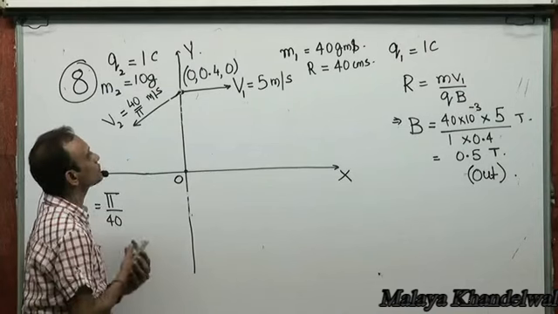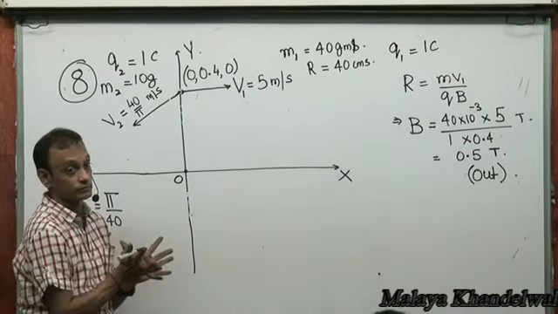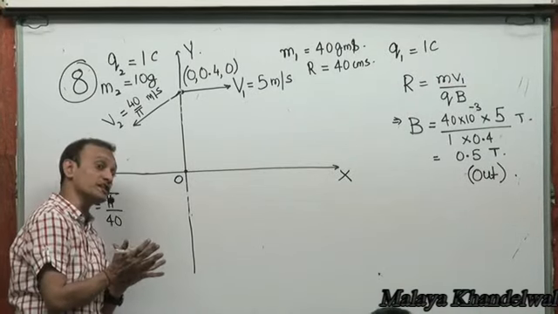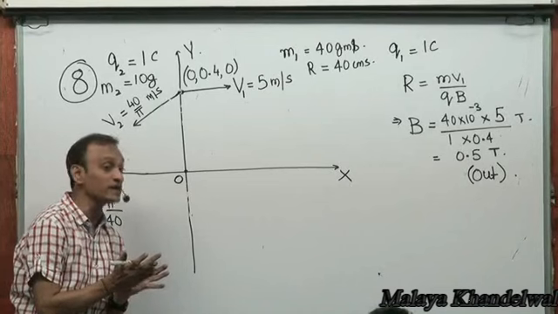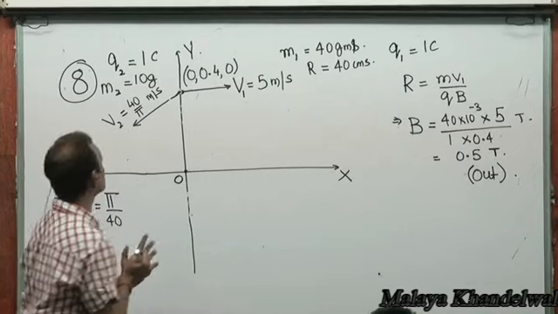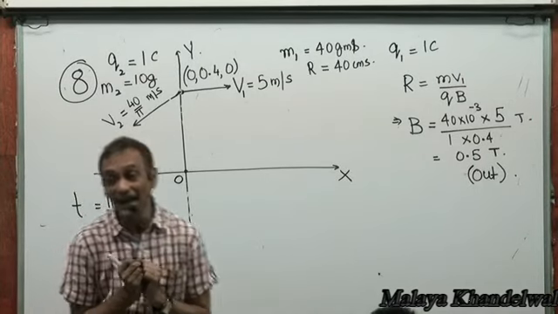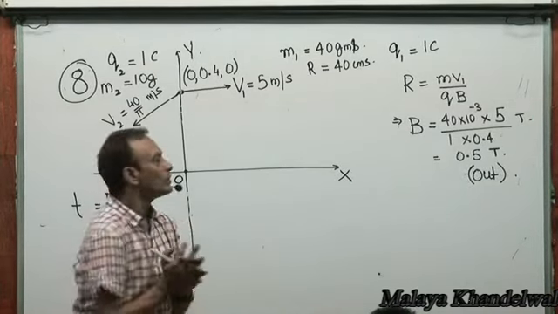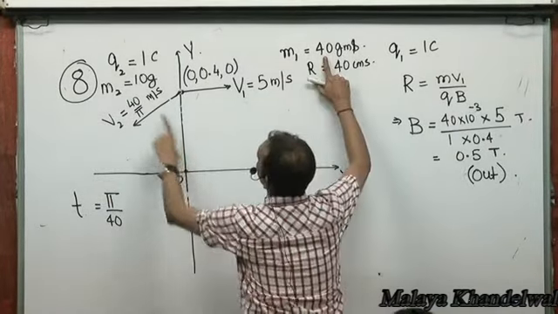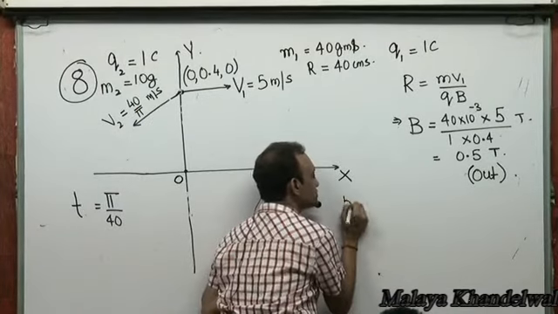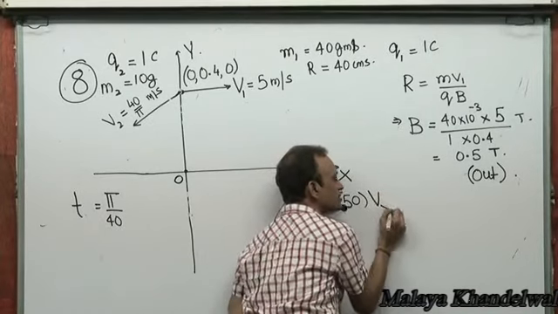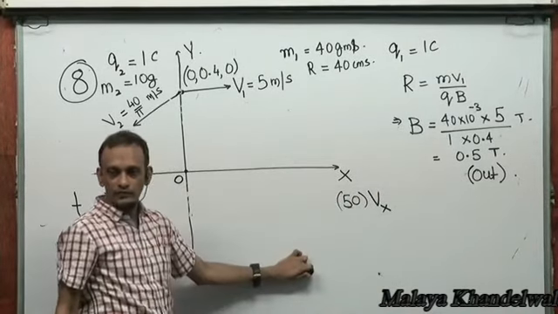Now, when the two particles collide, we can conserve linear momentum along the x-axis, and we can conserve linear momentum along the z-axis. Yes or no? So the combined mass has a velocity Vx and a velocity, say, Vz. Let's say the combined mass is 40 plus 10, 50 grams, and together they have a velocity Vx meters per second.